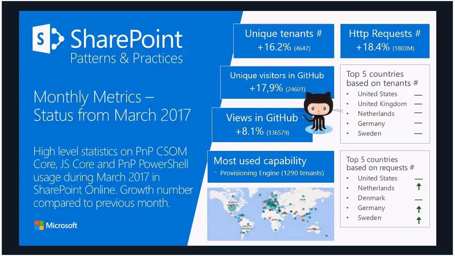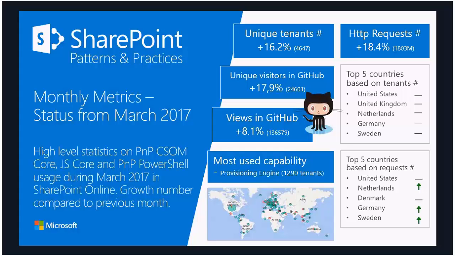And as we are used to do, we also track the numbers from a country perspective. So as you can see, we have the top 5 countries, which are exactly the same as the previous month. So United States, UK, Netherlands, Germany, and Sweden. But from a top countries perspective, based on the number of requests, there are some slightly changing numbers.